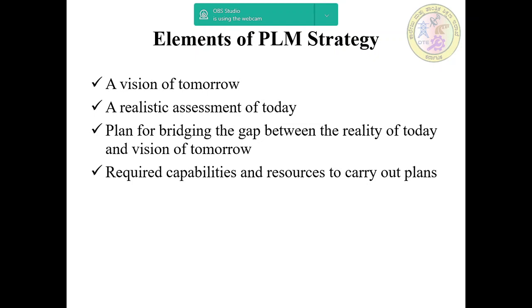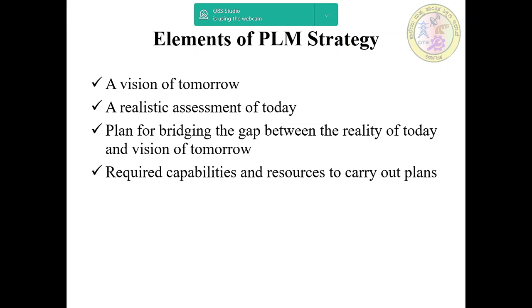Next, we'll take bridging the gap between reality of today and vision of tomorrow. In this element, the plan of bridging the gap between the reality of today and the vision of tomorrow is to include three aspects: people, process and practices, and technology.